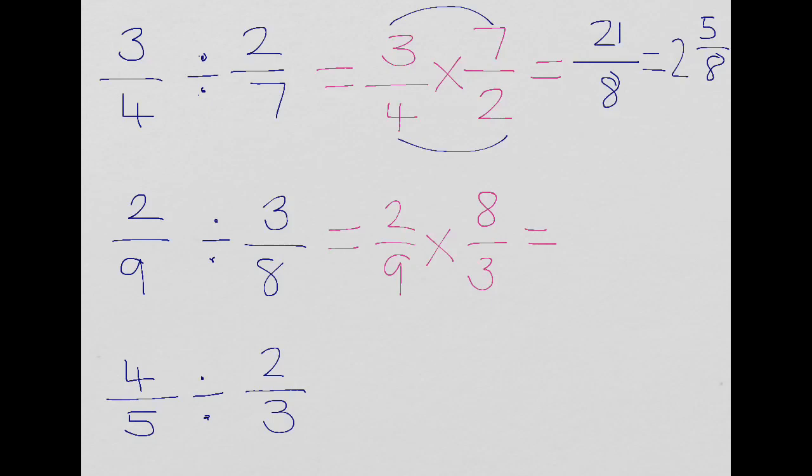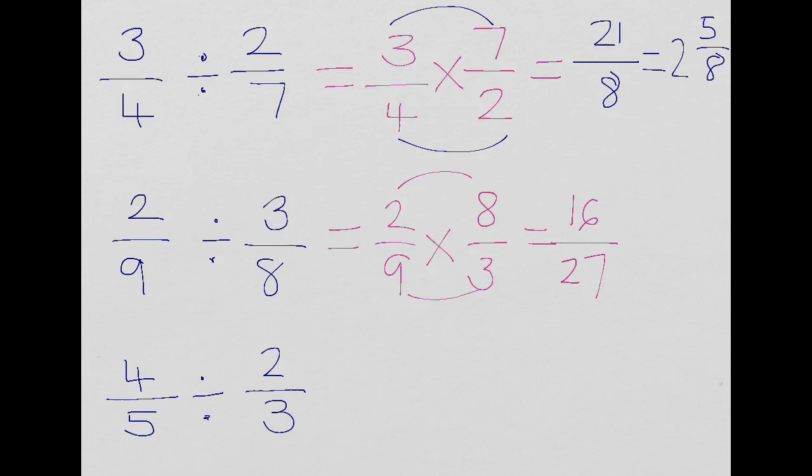So what would I now write as my answer? Well, 2 times 8 is 16. And 3 times 9 is 27. So 16 over 27, because we remember how to work out multiplying fractions.